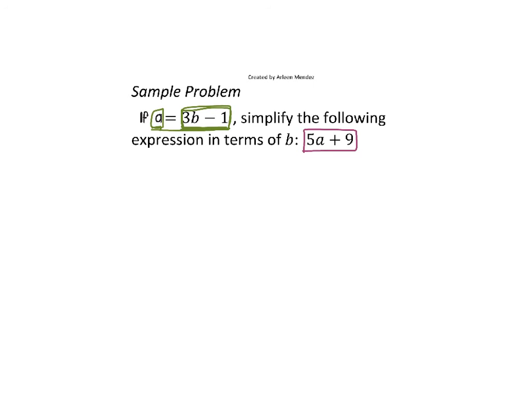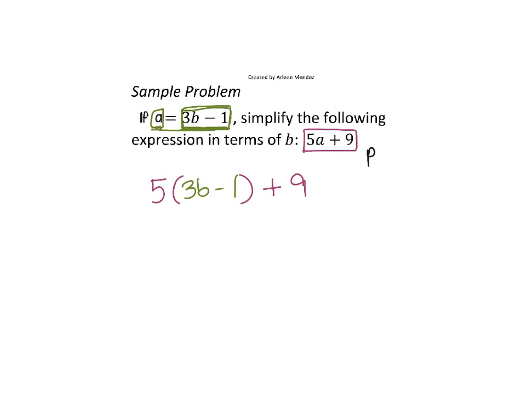So what I'm going to do is write this expression here, 5, but instead of writing an a, I'm just going to put parentheses because we're going to replace it with something. So that is 5 times, and this is what a is equal to. 5 times a plus 9 is 5 times 3b minus 1 plus 9. Okay, so now we can use the order of operations to simplify.